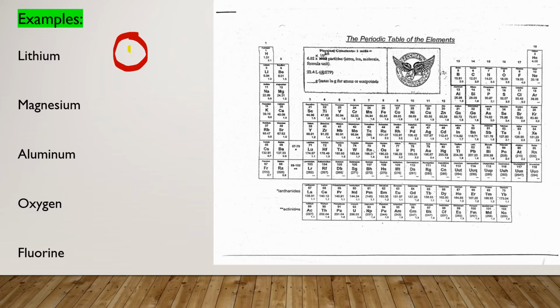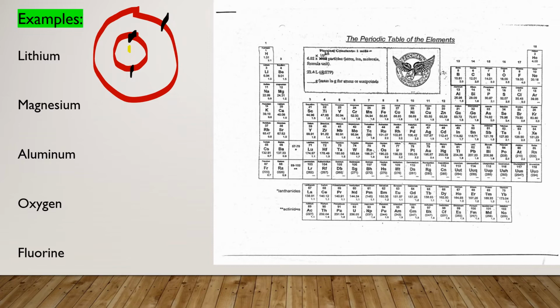So we've got 1, 2, and then we draw a second shell, since lithium is in the second energy level, and we have 1 more electron to deal with. So that would tell us lithium has 1 valence electron. So that's one way to do it.